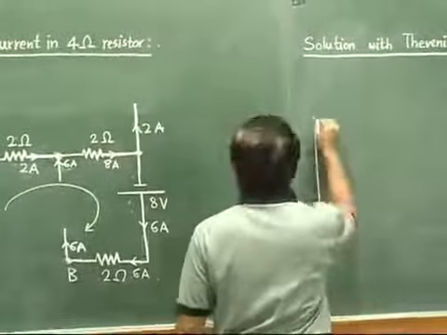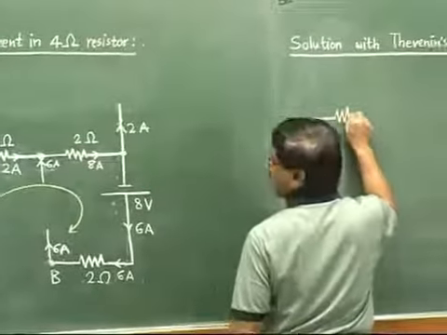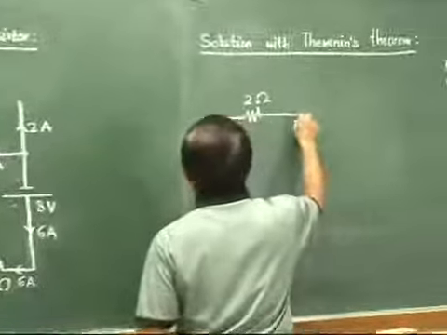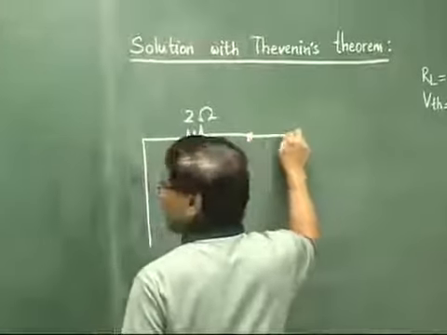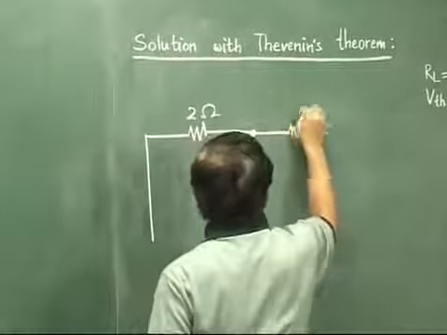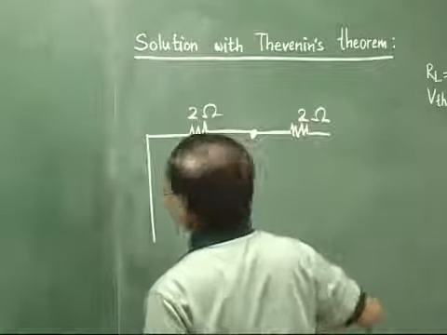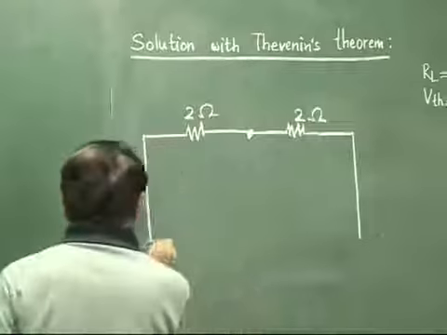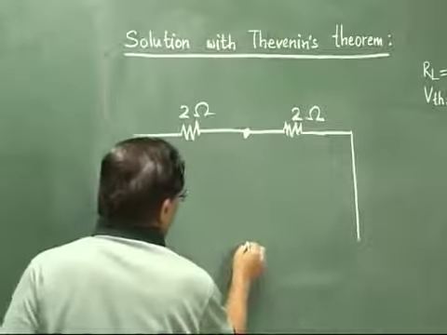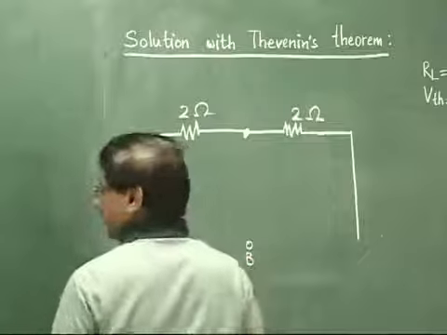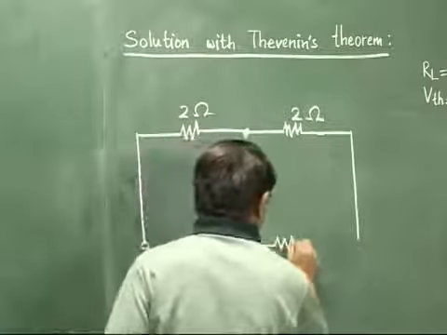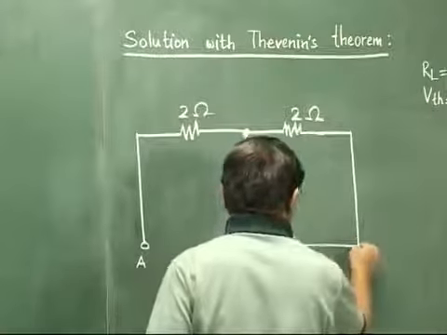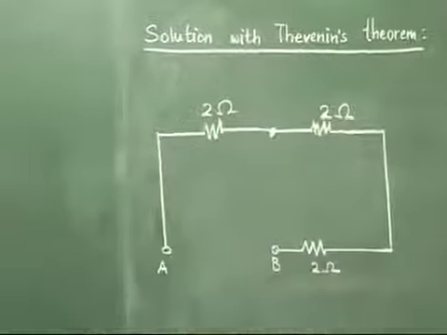Point here, then this resistance is 2 ohm, then this resistor is 2 ohm, then this another source is also shorted, then point A here, point B somewhere here, this resistance of 2 ohm, that's all. Only this circuit we will get.